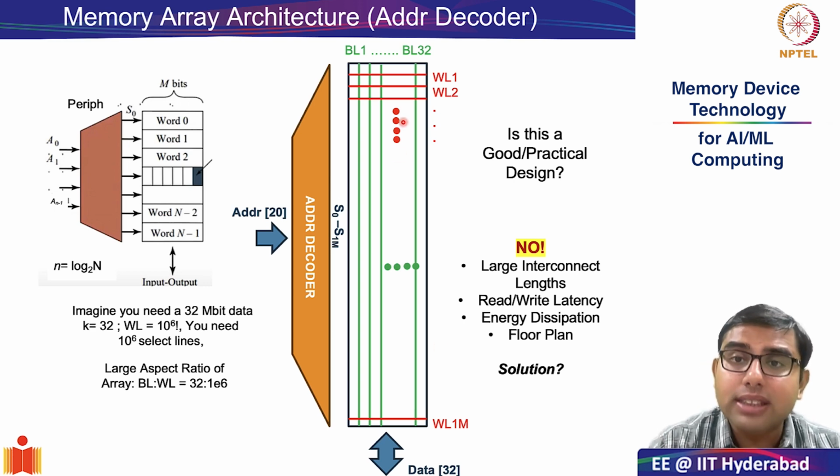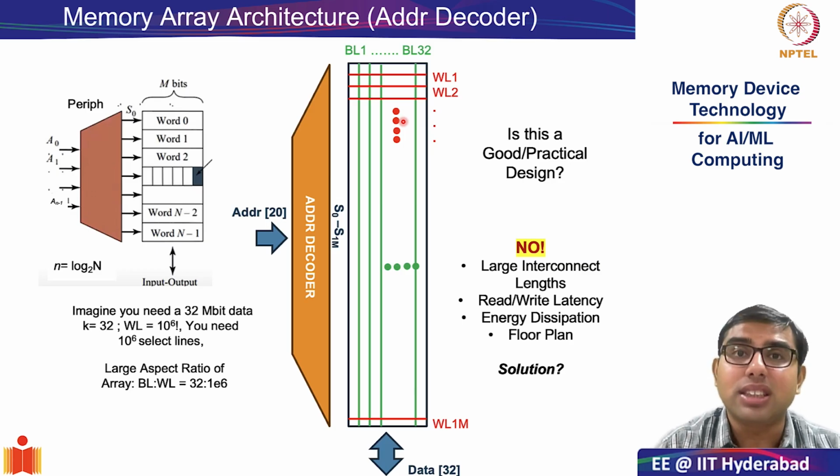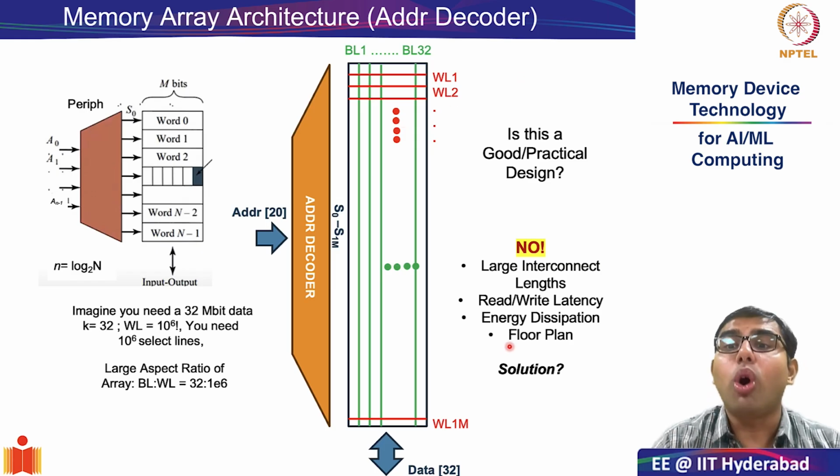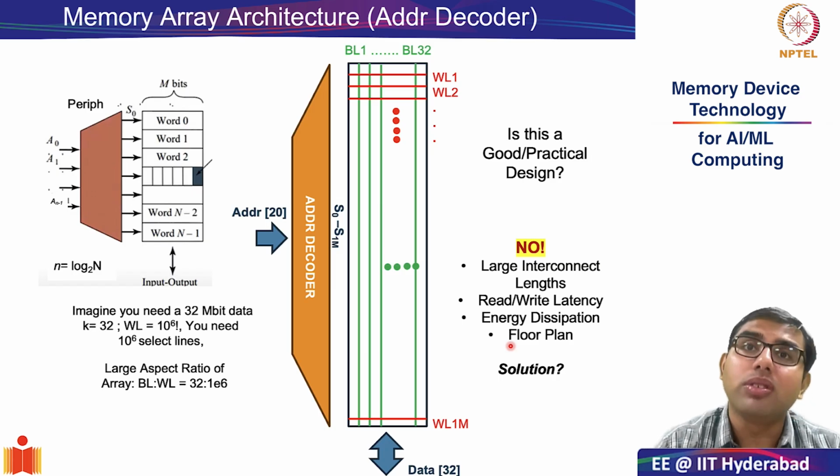Furthermore, because the size of the line is very large, it will have additional resistances and capacitances. This will also cause a huge amount of energy dissipation.